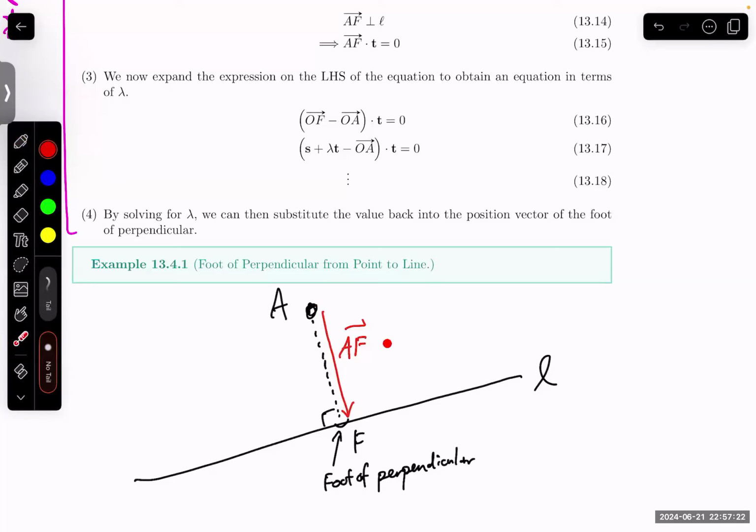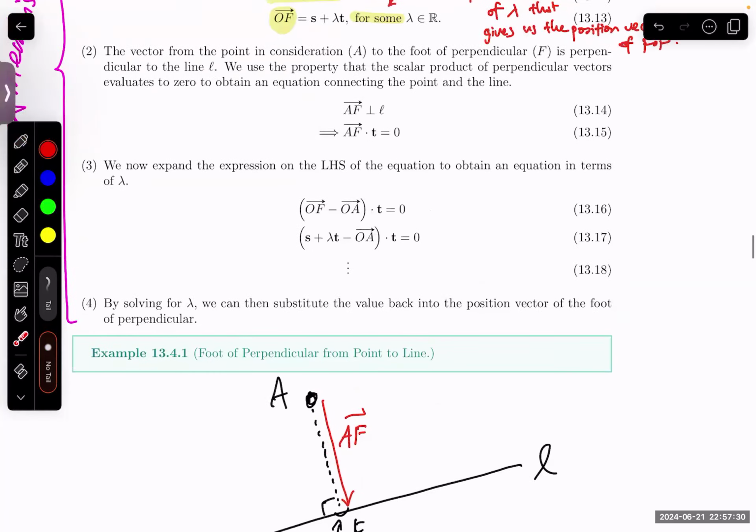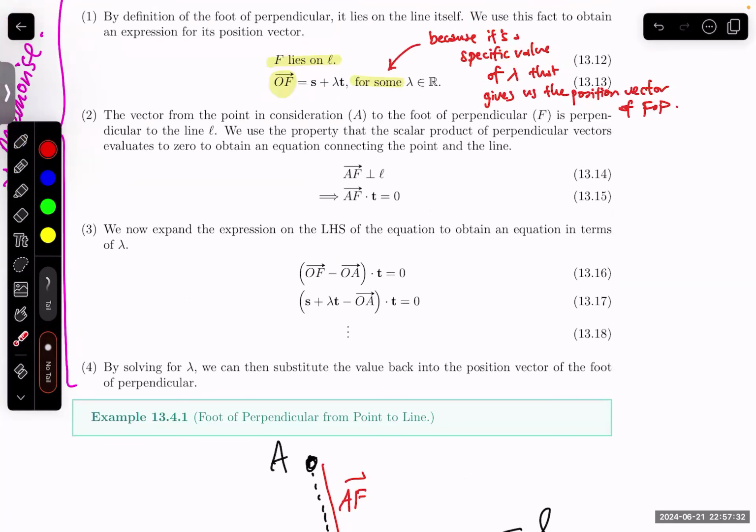This path, this vector, is perpendicular to the ground, or in this case, the line L. Okay. So because it's perpendicular, we write it down. Because it's perpendicular, the dot product of vector AF, the path that you fall, with the direction of the line, is 0.